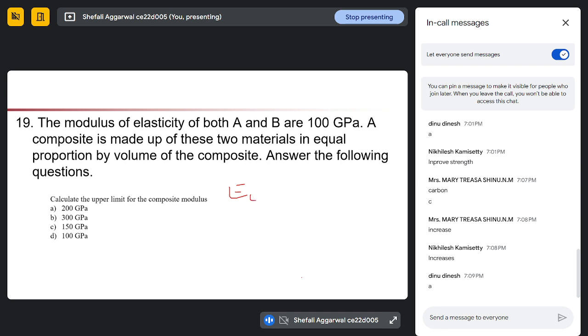For upper bound, E composite is equal to volume of matrix times E matrix plus, in this case, V B times E B. So just take 5 minutes. Take option A, 200 GPa.